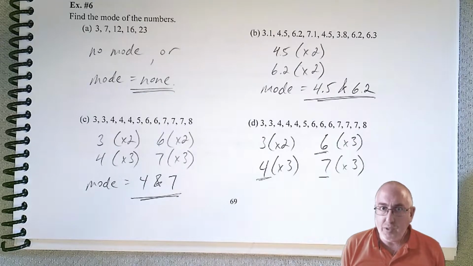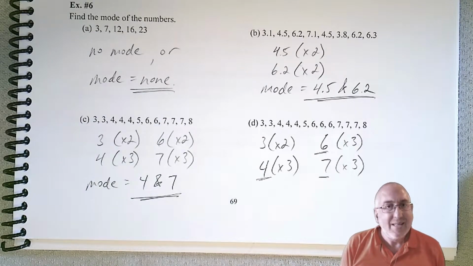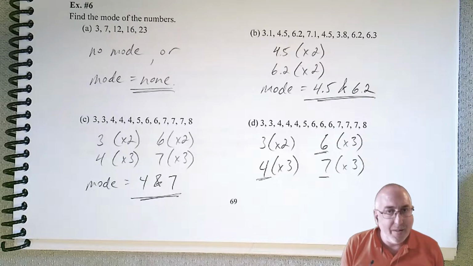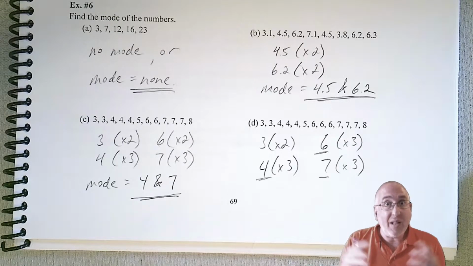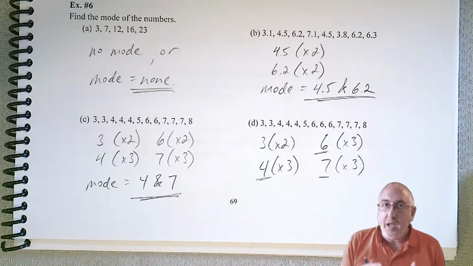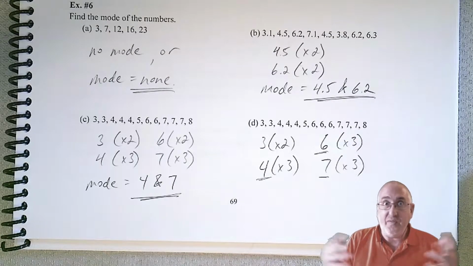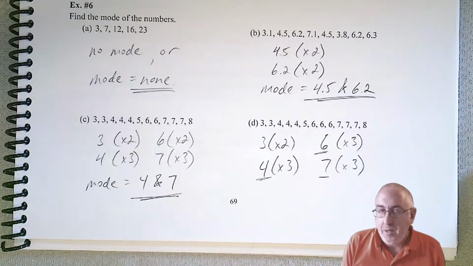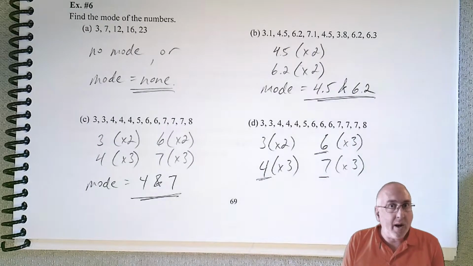Those happen the most, but statistics is funky. In a lot of cases, when you have a lot of modes, they don't like that in statistics. It really doesn't help much to say that there's 15 modes to this problem. So in those cases, we would just say there's no mode. And what's the cutoff for that? It's 2. 2 is the most modes you want to recognize.